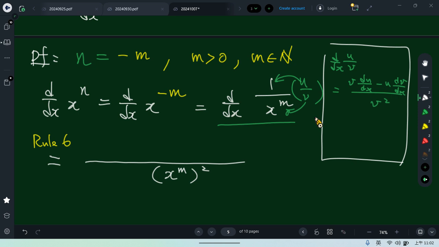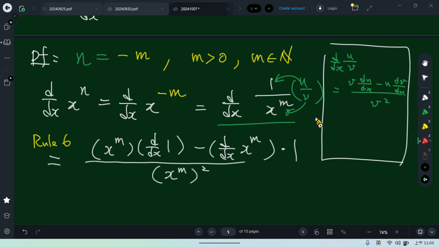Then we will have v first, then differentiate 1, right? Because our u here is 1. Then we differentiate x to the power m times 1, right?